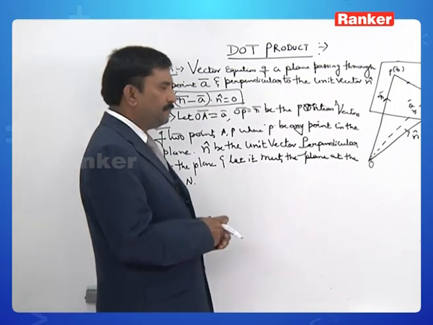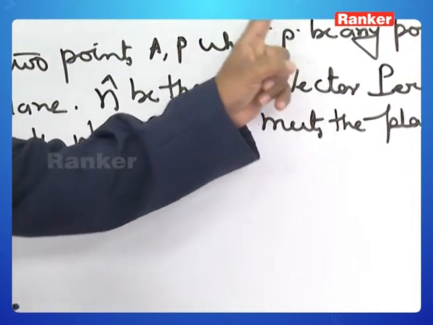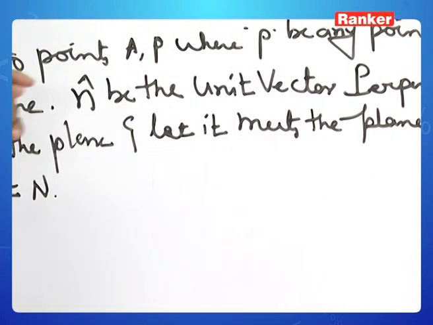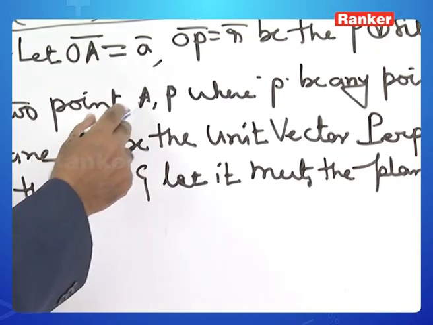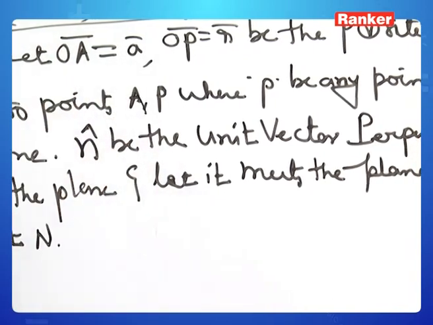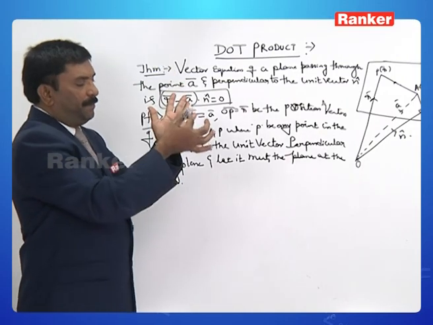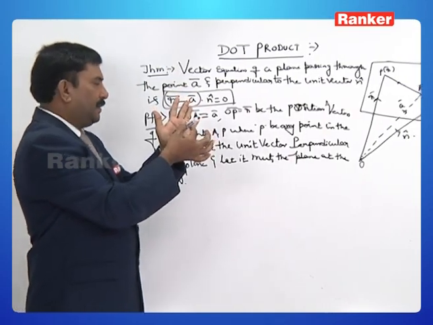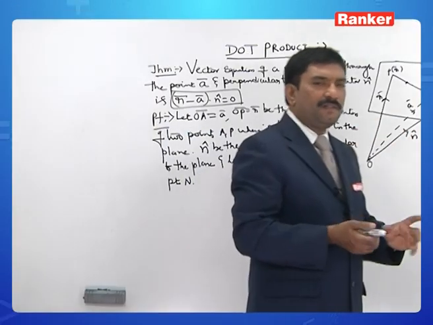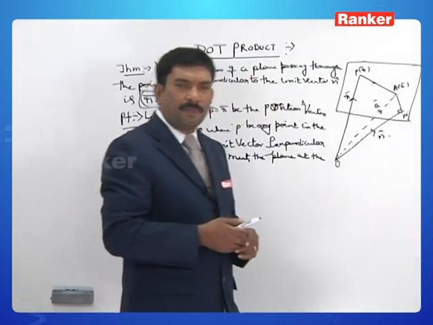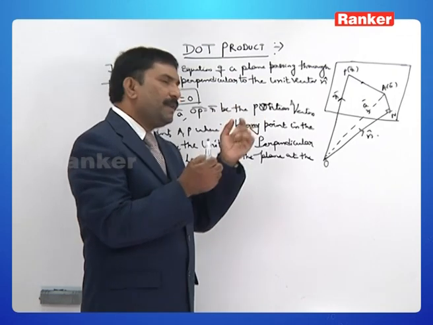As I told, let OA bar is equal to A bar, OP bar is equal to R bar be the position vectors of 2 points, capital A, P, where P is any point in the plane and N cap is the unit vector perpendicular to the plane. Let it meet the plane at the point N. I cannot show it exactly, I can draw it only like this.